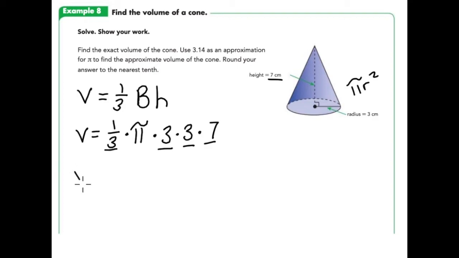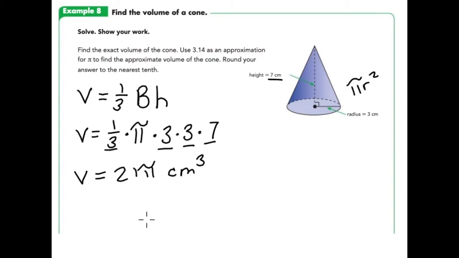So my volume here would be 21 pi. So our volume is 21 pi, and that is centimeters cubed. That is our exact volume because we did not substitute for pi.